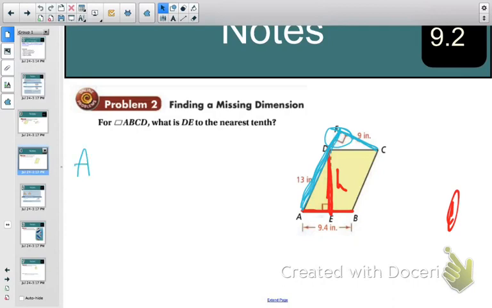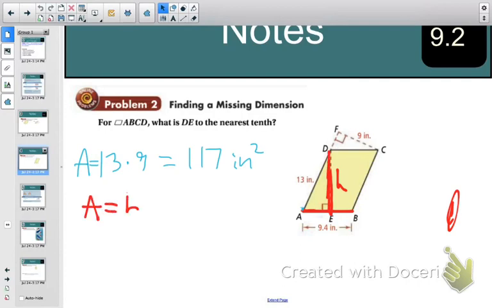So your area is going to be 13 times 9, which is 117 or something like that. 13 times 9, yes, 117 square inches. So that's going to be the area. If we know the area, then we can find the height by using our formula. Now let's look at the red lines here.